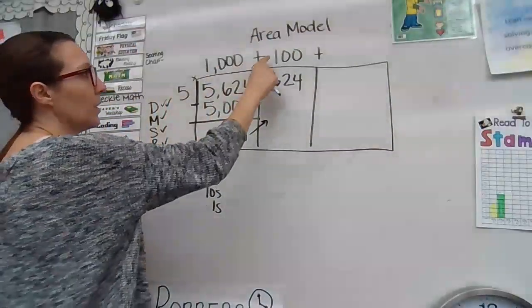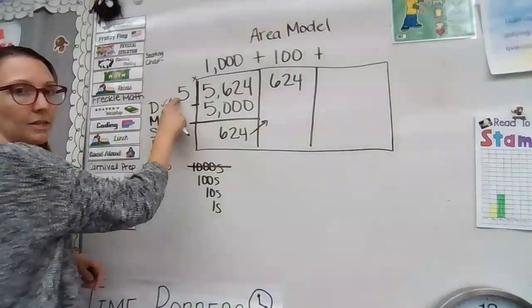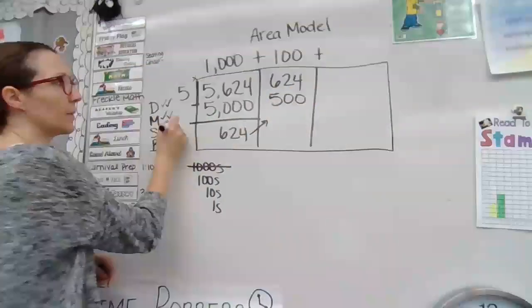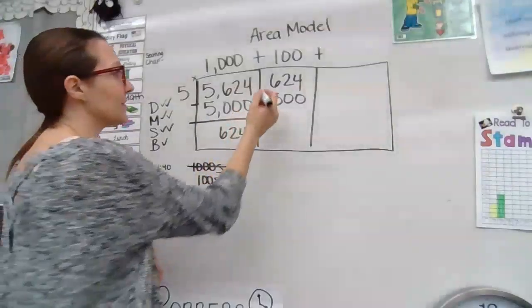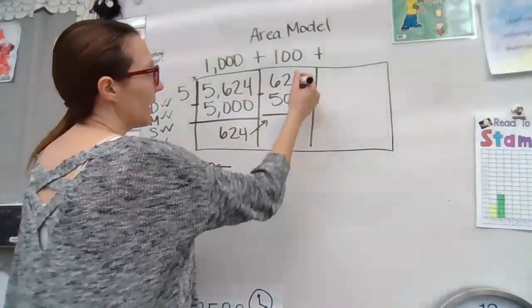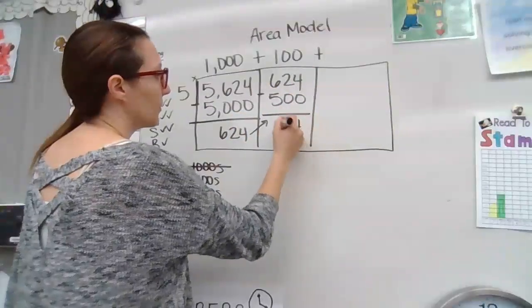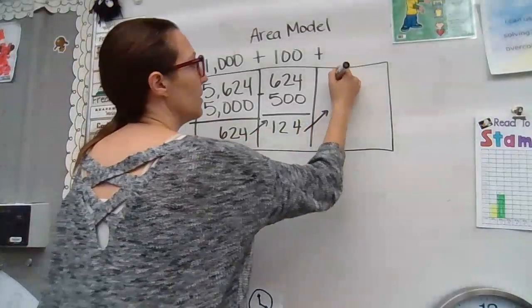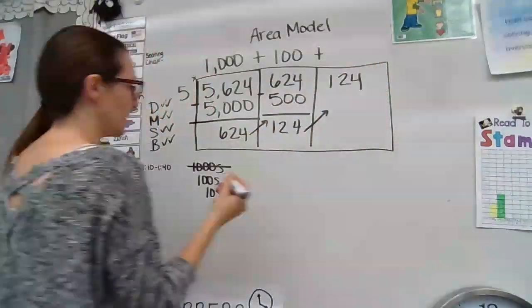So I'm dividing. 100 times 5 is multiplying, which gives me 500. Now I'm going to subtract 624 minus 500, and that gives me 124. Now I'm going to bring over again to my 124.